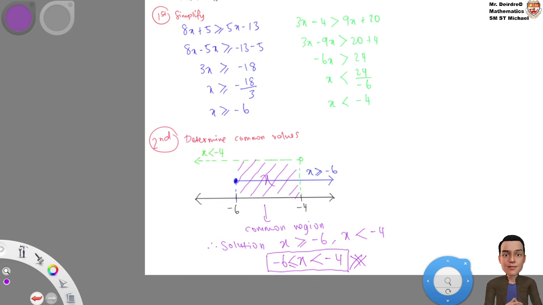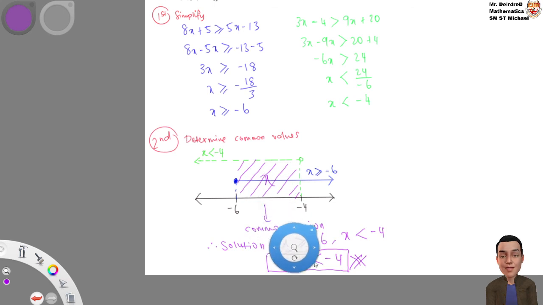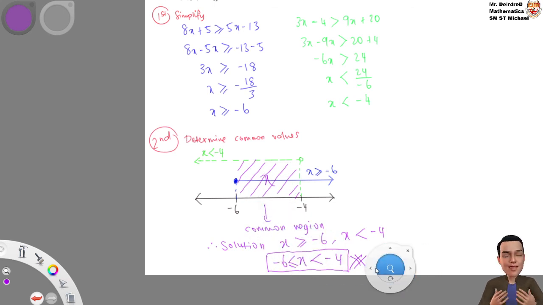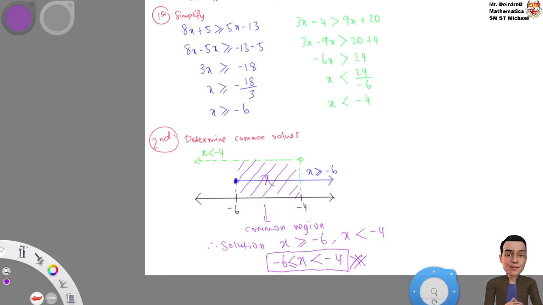Yes, transitive form. Okay, this one is in transitive form. If your region overlaps in the middle, then your solution should be like this.